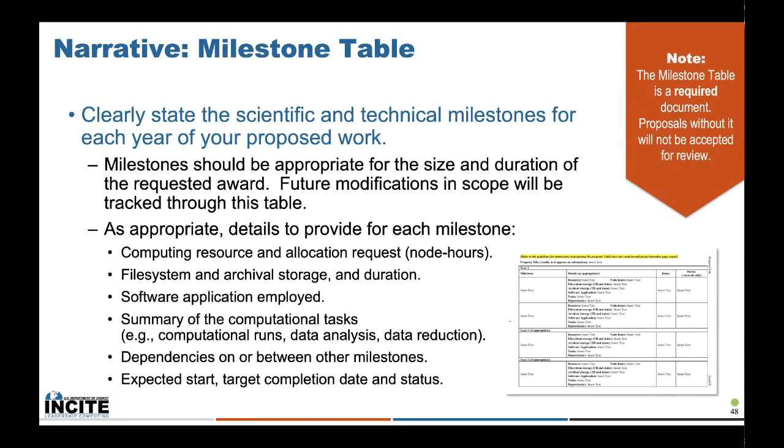So for each milestone, please provide the following details: computing resource and allocation request in node hours, file system and archival storage and duration of the storage, software application employed, summary of the computational tasks, for example, computational runs, data analysis, pre- and post-processing, and so on, dependencies on or between other milestones, and expected start, target completion date, and the status.